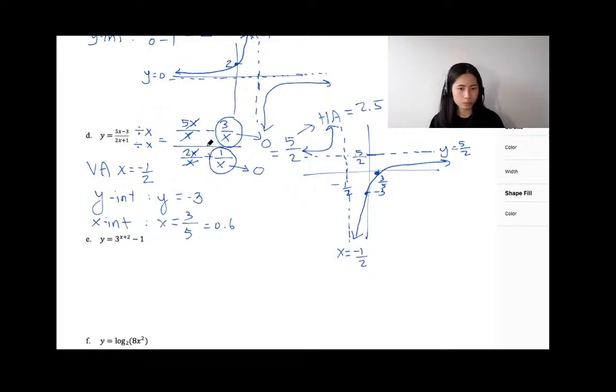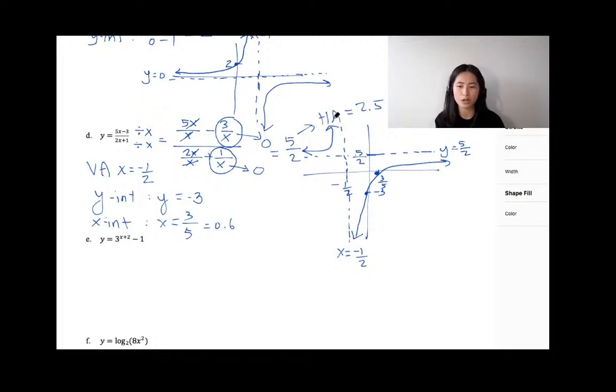So if you want to check, I think a lot of students may want to know about this. How do you know if your rational function is supposed to be drawn here or here? Well, it's kind of obvious that if you have an x and y intercept on this side, your function needs to be there, because you're going to pass through your x and y intercepts.